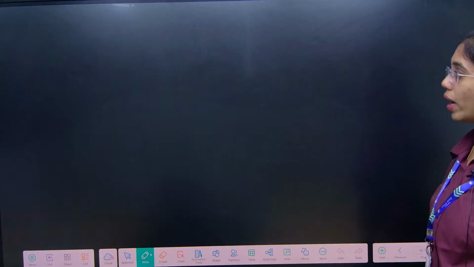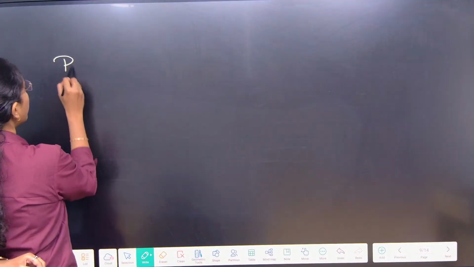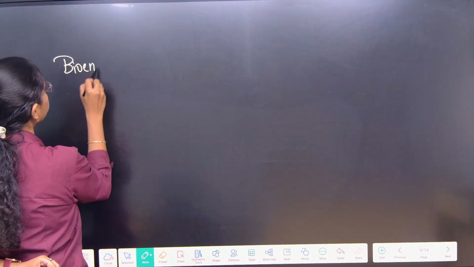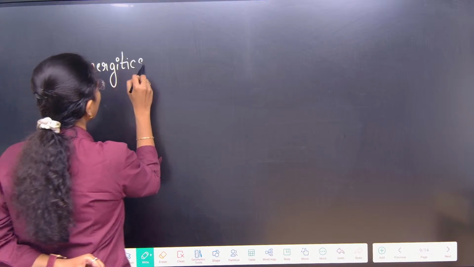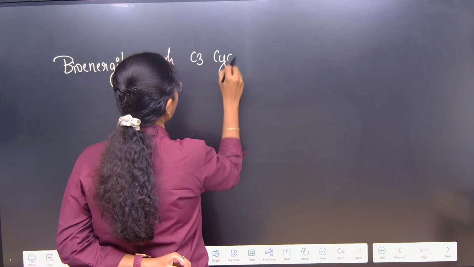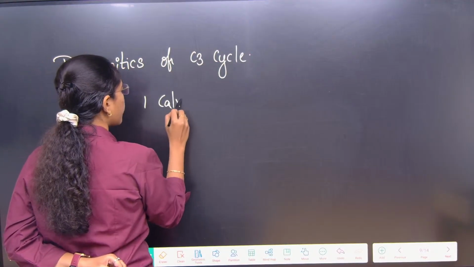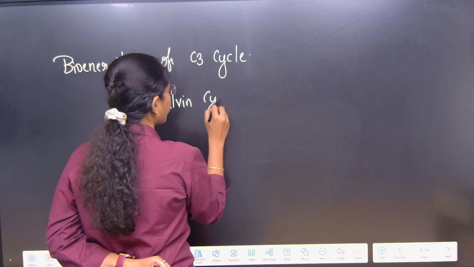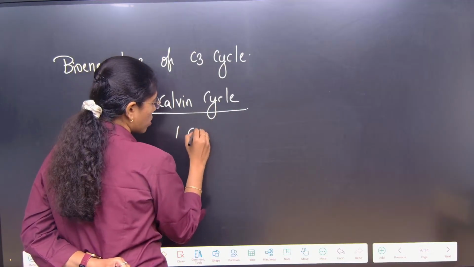Bioenergetics are very important for C3 cycle and C4 and CAM as well. But today we learn the C3 cycle, right? So, here bioenergetics of C3 cycle. For 1 Calvin cycle to occur, it requires 1 carbon dioxide, right?